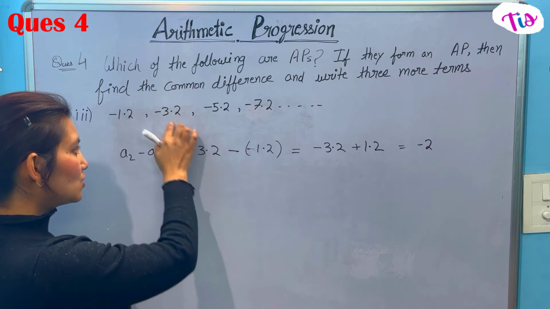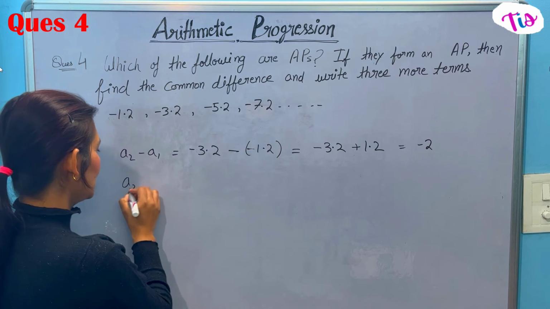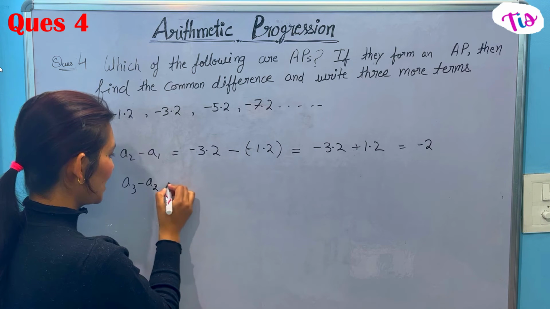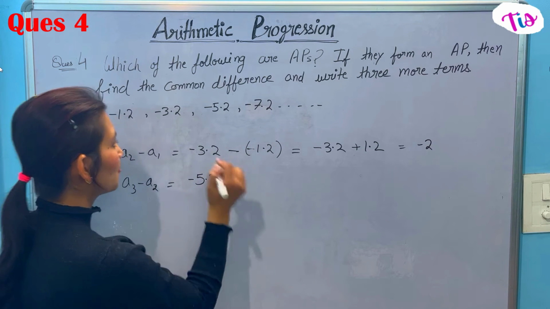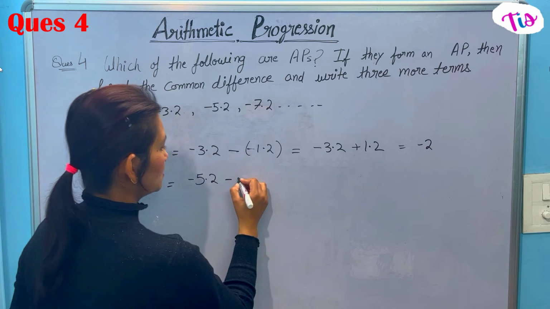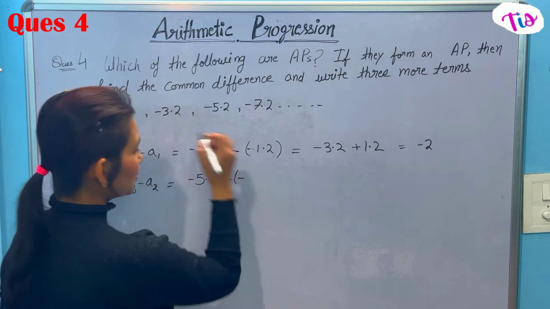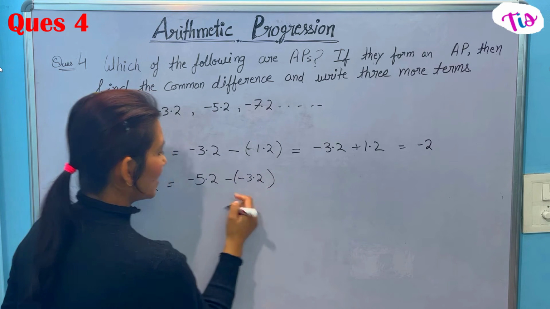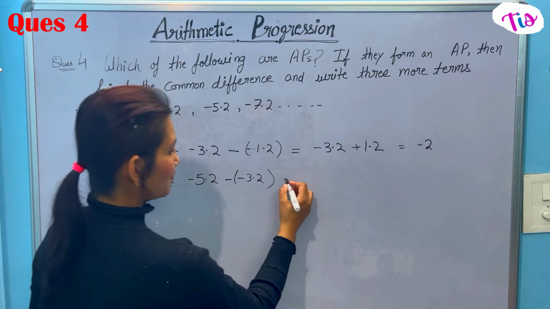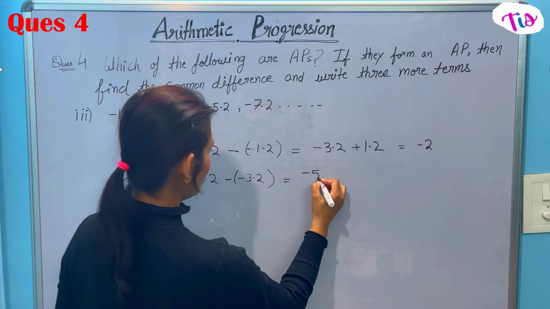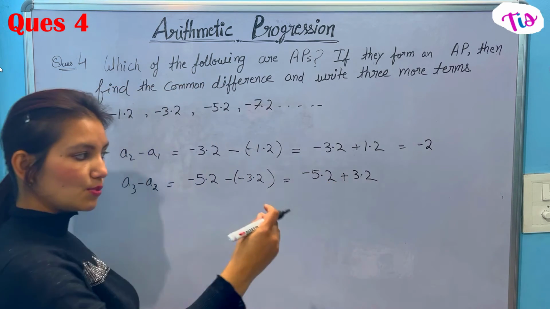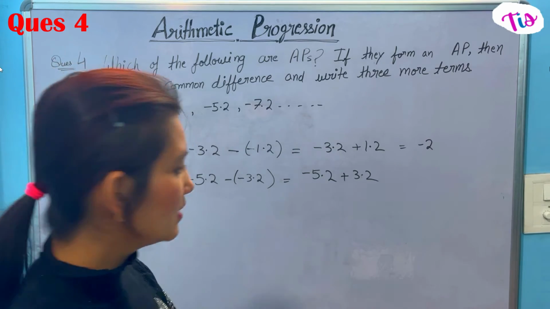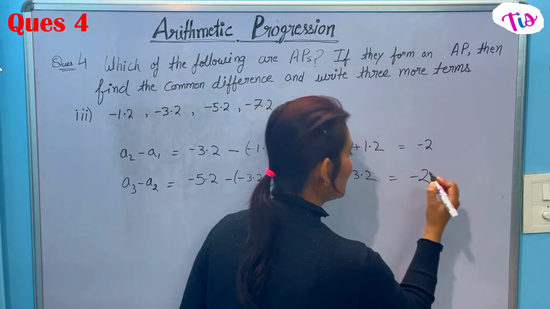Now let's find A3 minus A2. Again, be careful with the signs. A3 here is minus 5.2 and A2 is minus 3.2. Minus will become plus and we'll be left with minus 5.2 plus 3.2, which is minus 2.